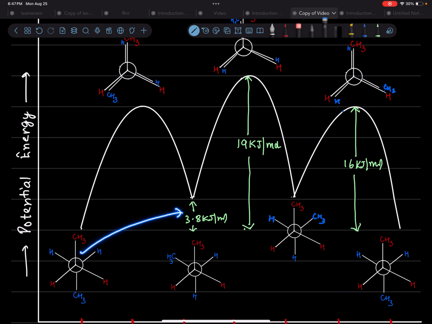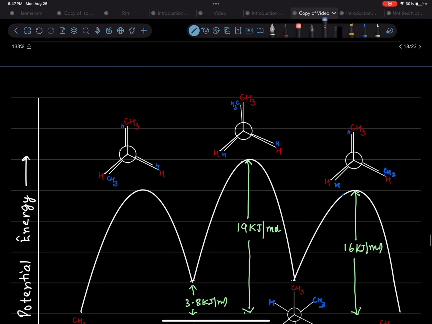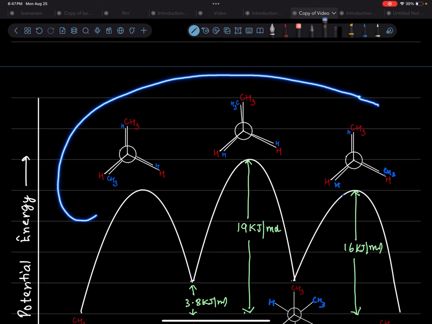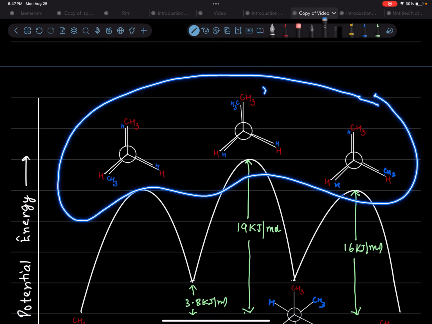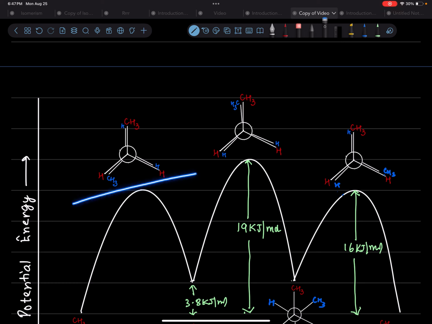So while in case of propane or ethane, all the eclipsed conformations were degenerate, in the case of butane, they are non-degenerate. There is fully eclipsed, which is of highest energy, and there are partially eclipsed, which are lower in energy. So all the eclipsed conformations are not degenerate, meaning they are not of the same energy, they are of different energies.